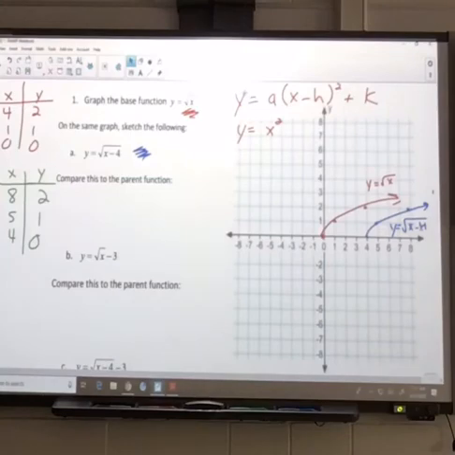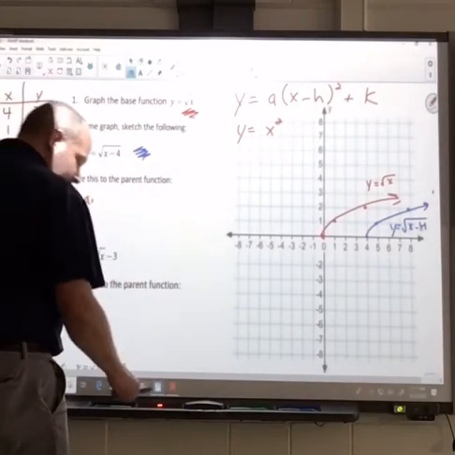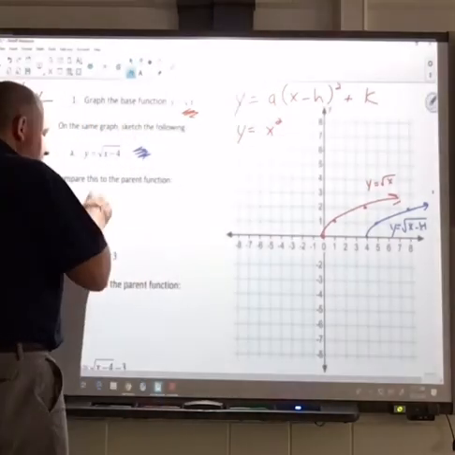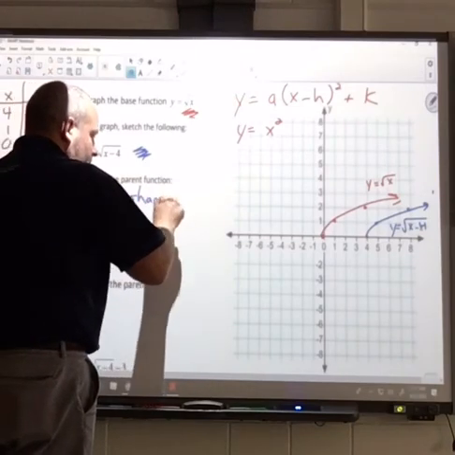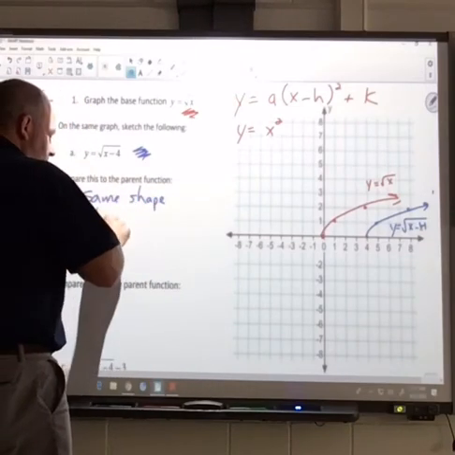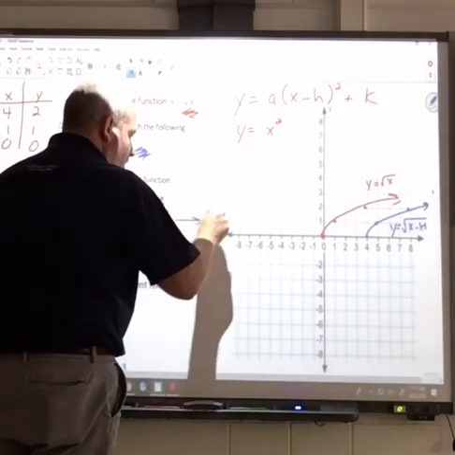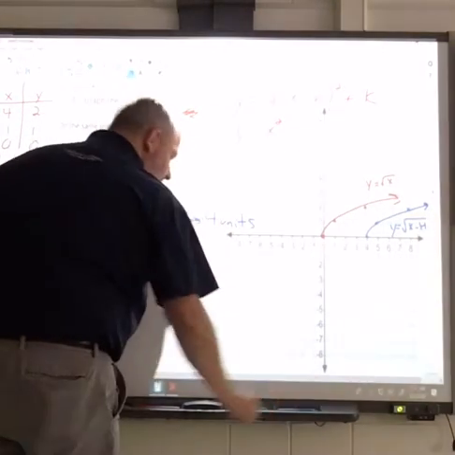Okay? And we can make a comment. Same shape. Oops, sorry, I should do it in blue because that's what I wrote the function in. It's the same shape. All points shift that way 4 units. Okay? And that's what we see.